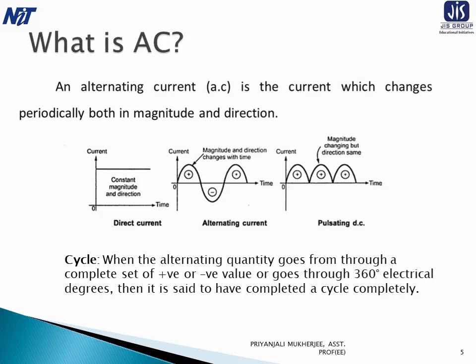Now almost the whole of the vast amount of electrical energy used throughout the world for every purpose is generated by alternating current generators. This is not due to any superiority of alternating current over direct current in applicability to industrial or domestic use.